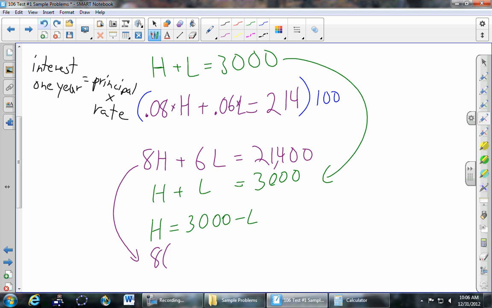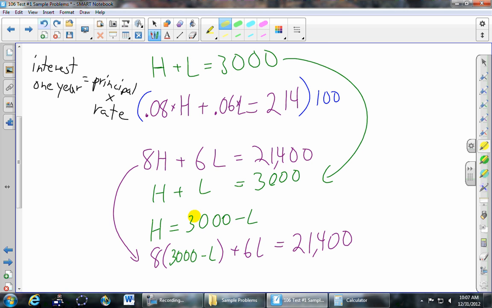So 8 times H, which I don't know yet, plus 6L is equal to 21,400. And then here in green, instead of H, 3,000 minus L. Okay, that equation is looking good.